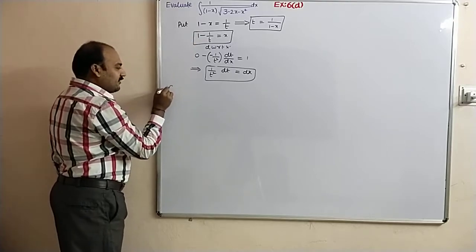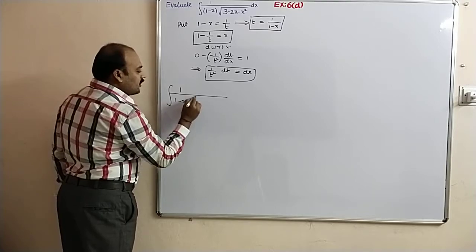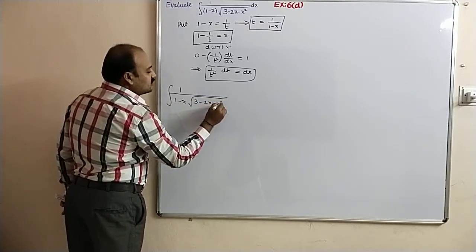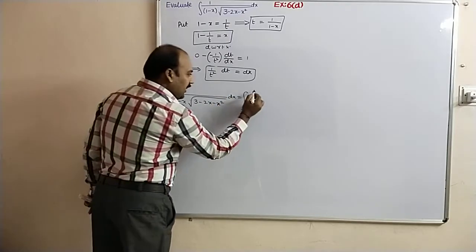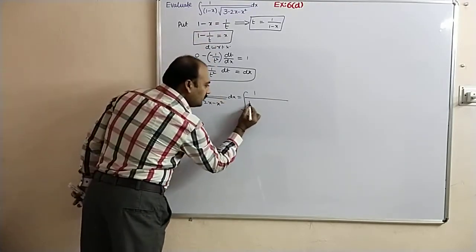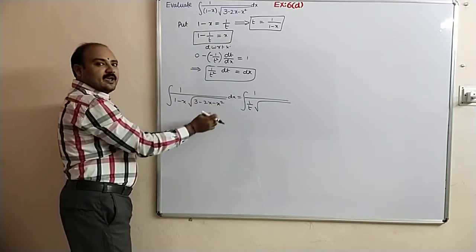So consider the given integral 1 by (1 minus x) into square root of (3 minus 2x minus x square) into dx, which is equal to integral 1 by, in place of 1 minus x we have to write 1 by t, into under root of 3 minus 2x minus x square.